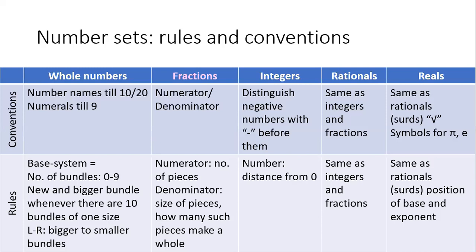But once you get to 10, two-digit numbers, etc., the base system comes in, so there are certain rules. Similarly, for each one there is some convention and some rules. So it's a good idea to be very clear about which part is convention and which part is rule.